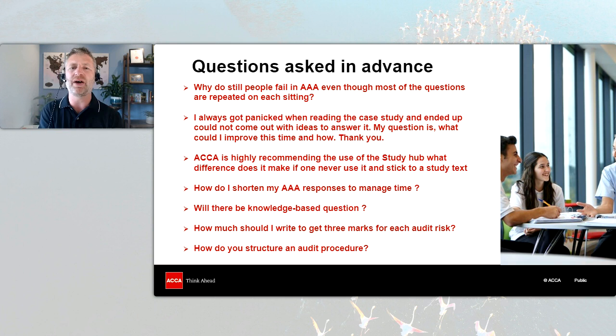If the requirement is like list the procedures, with a verb like list, then bullet points are probably okay in question 1. But for something like evaluate the audit risks, an evaluation is probably not appropriate as a bullet point. Okay, Anula, I hope that answered your question.